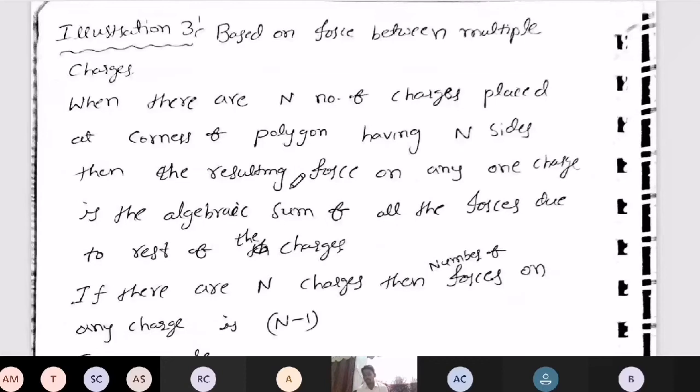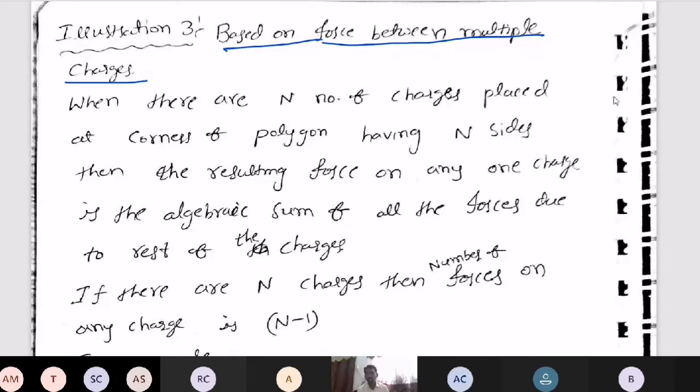After Coulomb's law, what is the next concept based on which they will ask questions in the entrance? That is force between multiple charges. What does force between multiple charges mean?